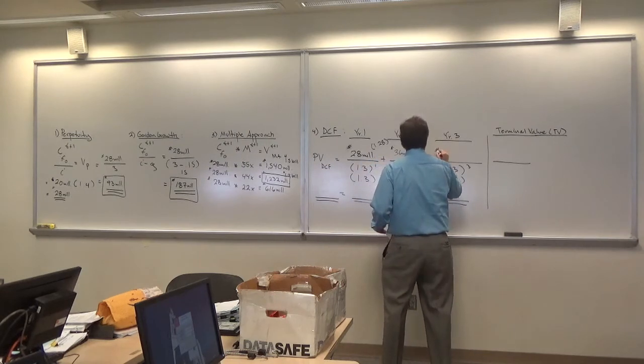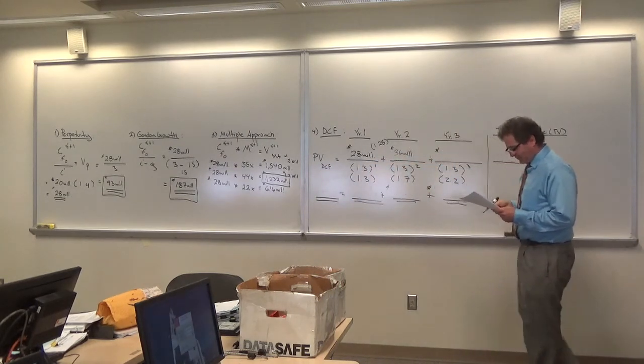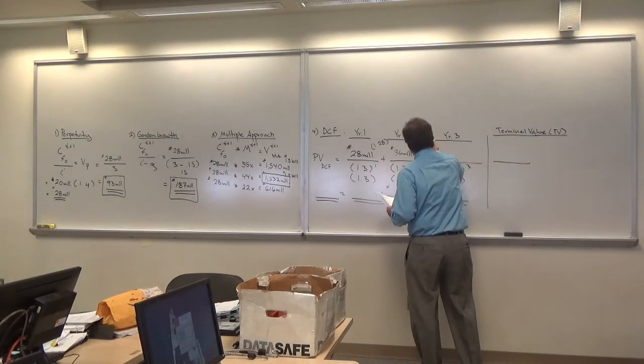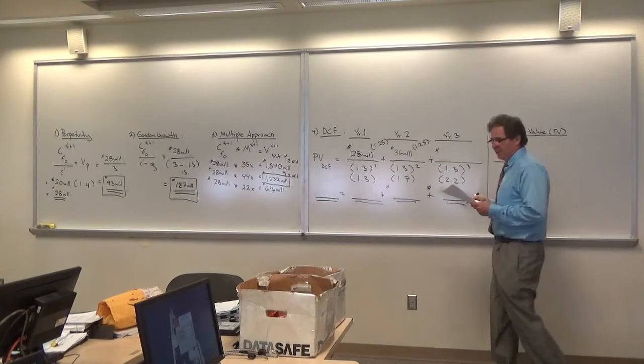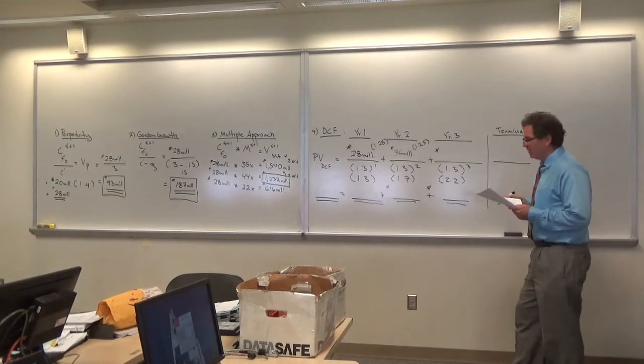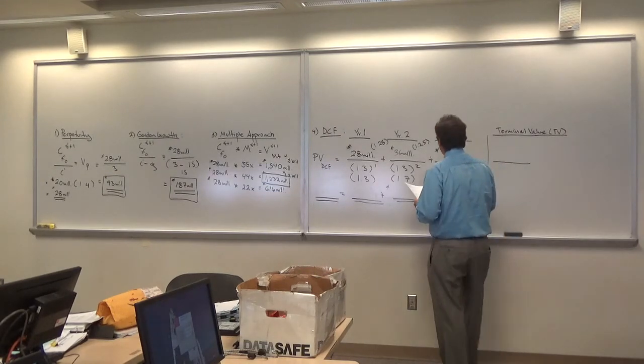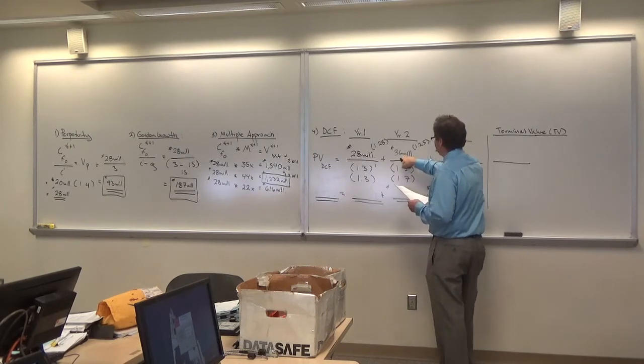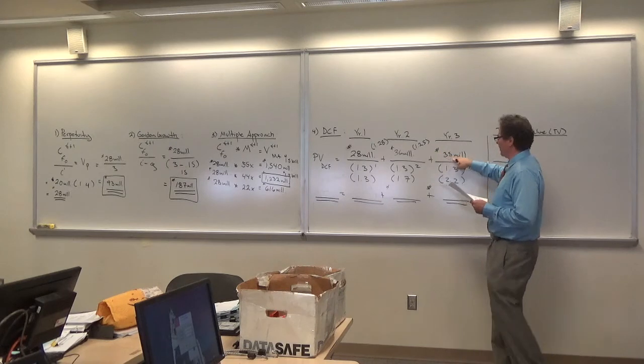And how do we get year 3? Same thing, just times 1.25. So what's 36 million times 1.25? 35 million. Is that right? How's 36 million times 1.25 be 35 million?